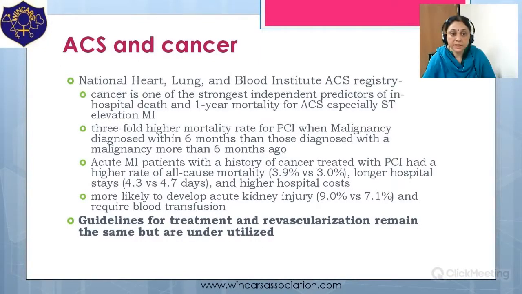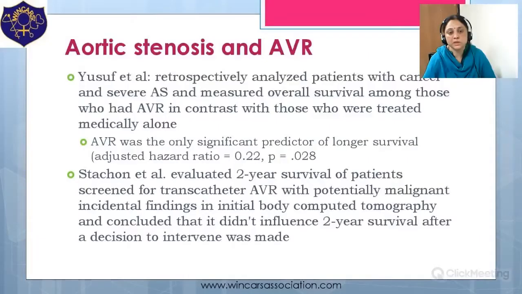These patients had a higher rate of all-cause mortality and longer hospital stays, and this resulted in higher hospital costs. They were more prone to develop acute kidney injury and required more blood transfusions. Guidelines for treatment and revascularization remain the same as in non-cancer patients, but unfortunately they are underutilized in this subset.